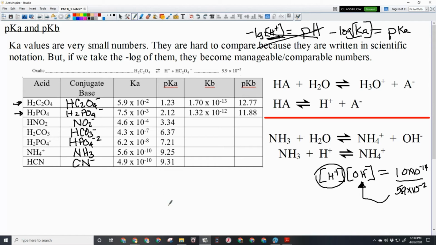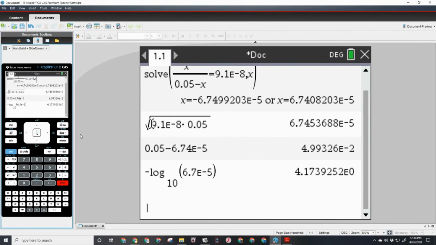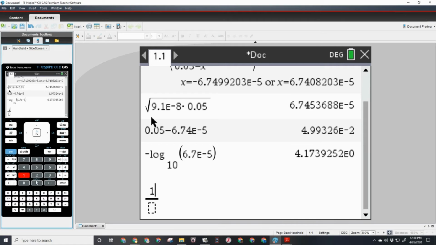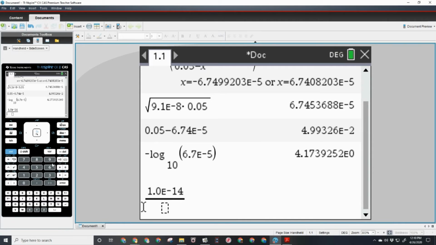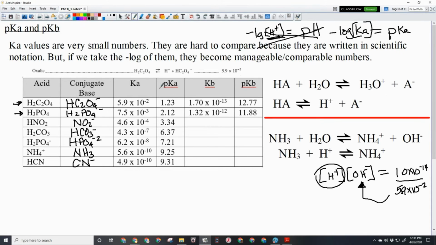So 5.9 times 10 to the negative 2. If we go over here and do 1.0 times 10 to the negative 14th, and divide this by 5.9 times 10 to the negative 2. I'm just going to go back over and verify that's 5.9 times 10 to the negative 2.